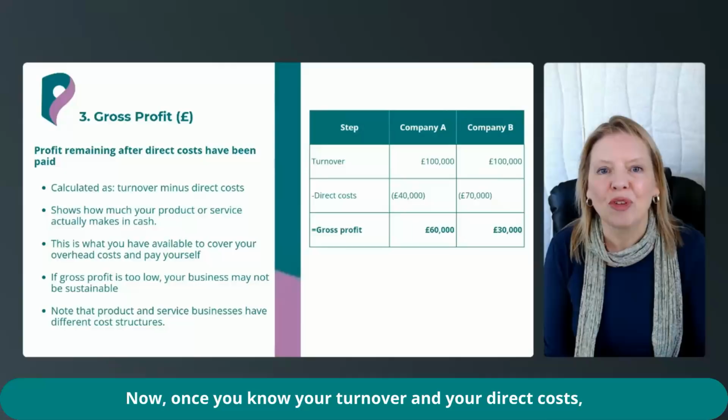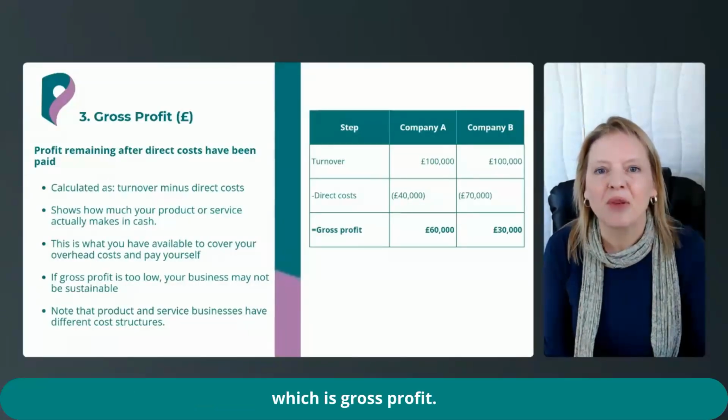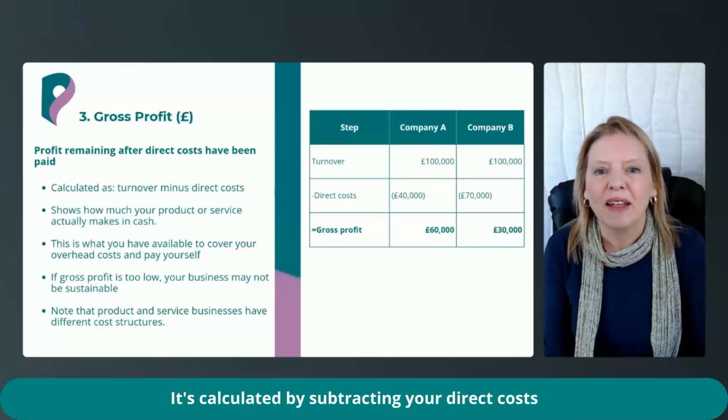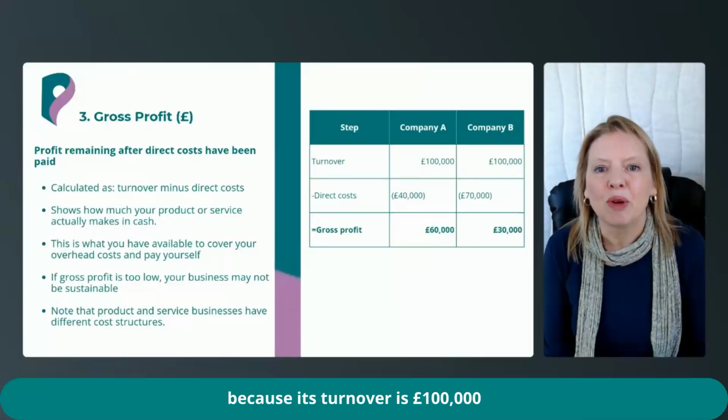Now, once you know your turnover and your direct costs, you can calculate essential number 3, which is gross profit. It's calculated by subtracting your direct costs from your turnover. So the gross profit of company A is £60,000 because its turnover is £100,000 and its direct costs are £40,000.